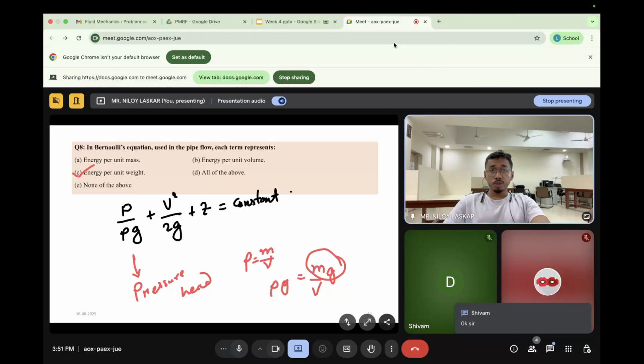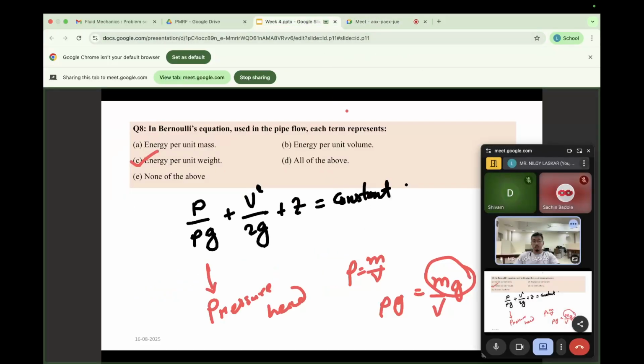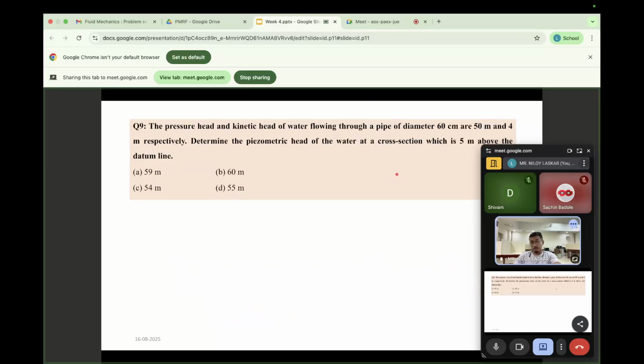So I am moving to the next question. This question says that the pressure head and the kinetic head of water flowing through a pipe of diameter 60 centimeter are 50 meter and 4 meter respectively.